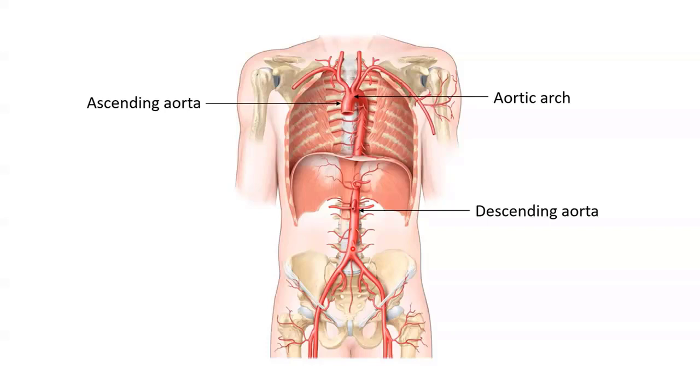Now, the descending aorta can also be broken up into our thoracic and our abdominal aorta. However, for this unit, we refer to the whole section as just the descending aorta. The descending aorta then divides into a right and a left common iliac artery. This artery supplies the pelvic organs, our external genitalia, and then the lower limbs with blood.